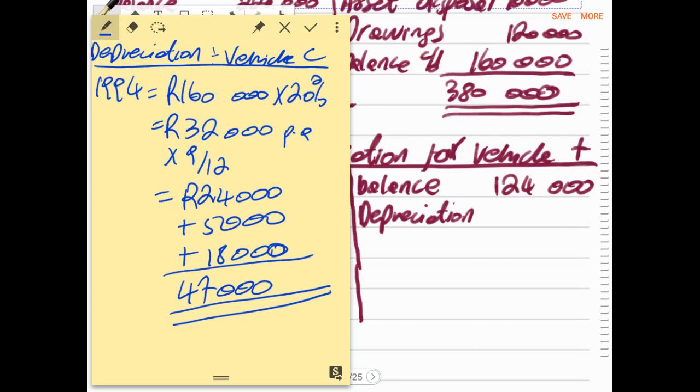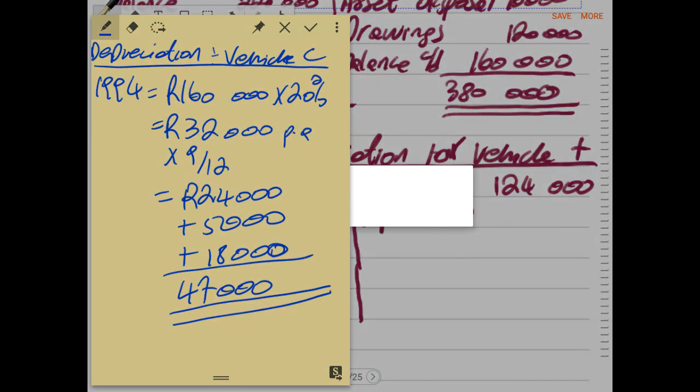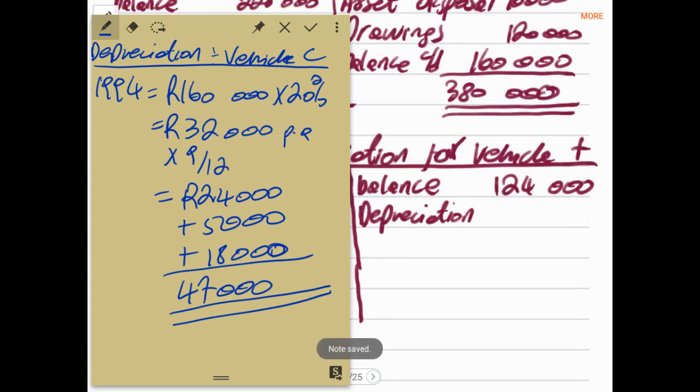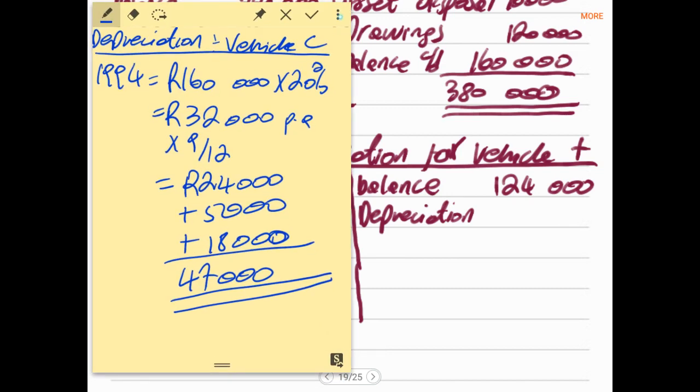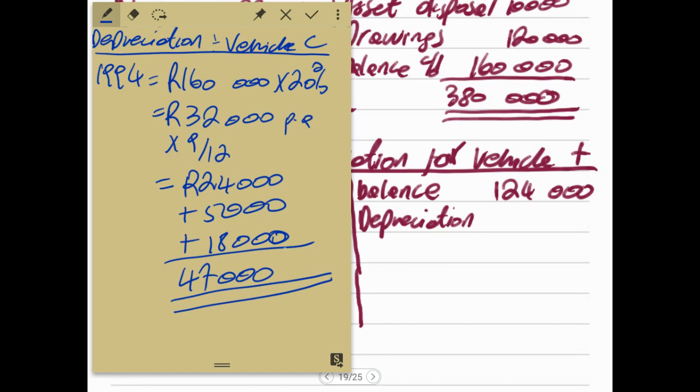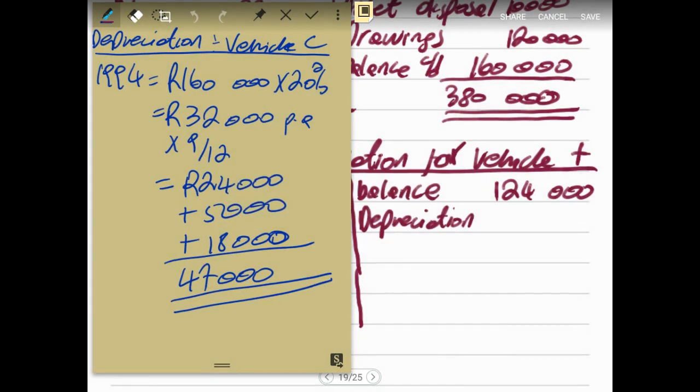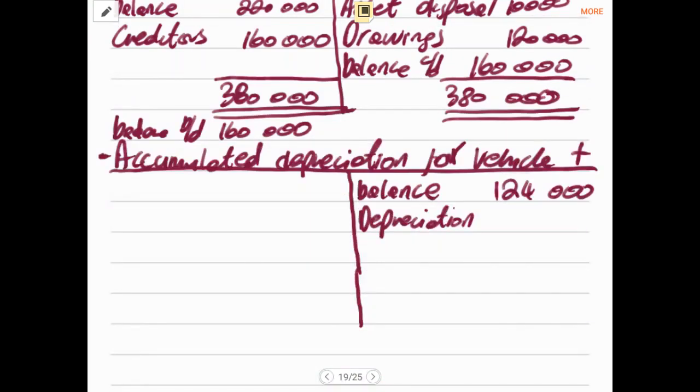Now the question is, must we add all of them and record them as one amount? The answer is definitely no, because these assets, when sold, one was sold on a different date, another one was taken by the owner on a different date, and another one was in the business until the end of the year.